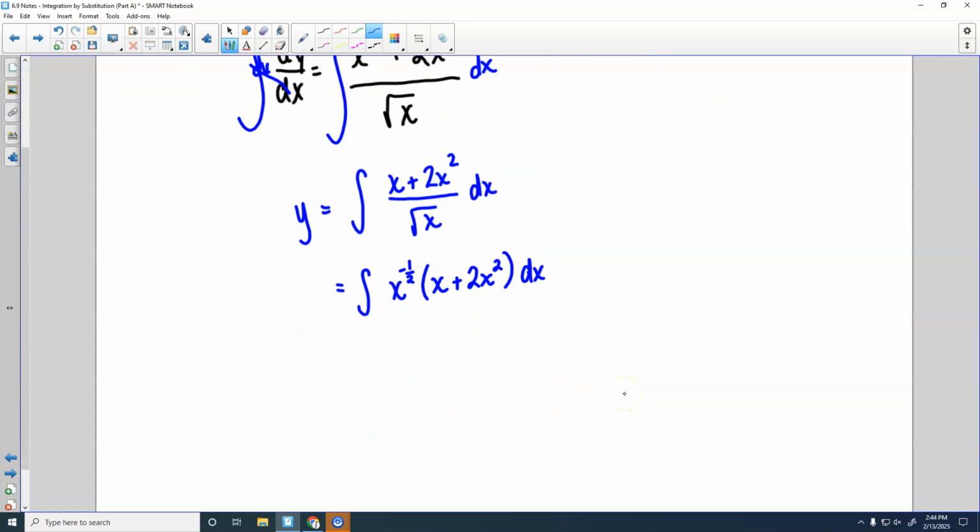What should I do then? Okay, Joshua says distribute. Do you guys agree? Okay. So that would be x to the 1/2 plus 2x to the 3/2. Like that.